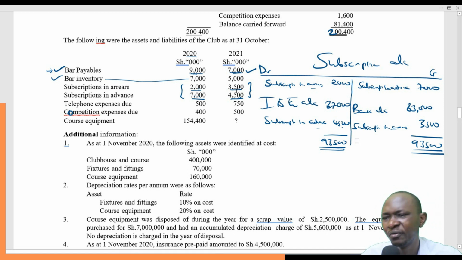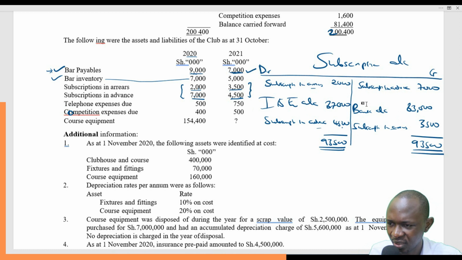So just get rid of what doesn't belong to this year and keep what belongs to this year. This belongs to this year, subscription in arrears for this year, and this was paid last year but for this year. So 3,500 and 7,000 are for this year. And then this one was for last year. This was paid this year, but it's for next year. So that's how it goes.